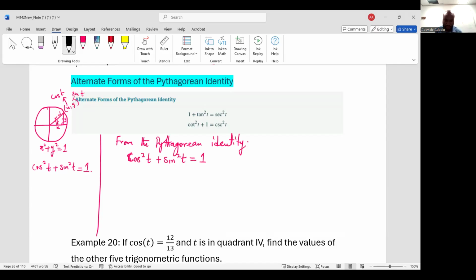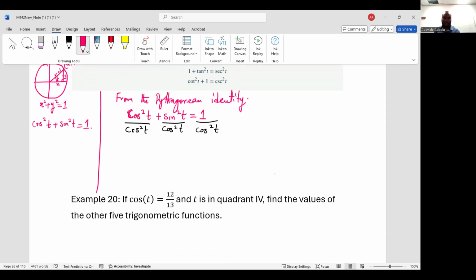Can I do this? I can divide through by cosine squared of t. I'm dividing everything through by cosine squared of angle t. What do I get? Well, cosine squared of t divided by cosine squared of t is 1, plus sine of t divided by cosine of t is tangent of t. Then if I square this, it means I can square here. So this becomes tangent squared of t.